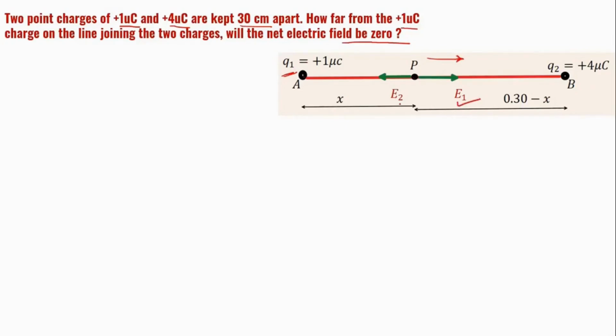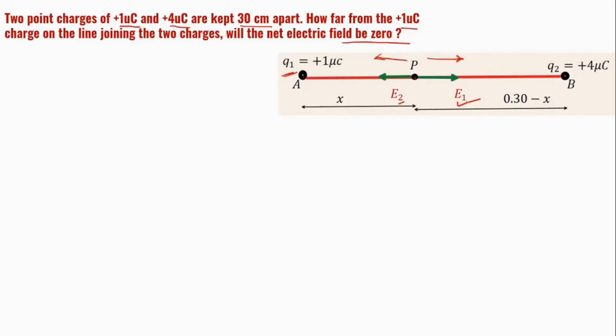Similarly, if we go for the direction of E2, E2 is due to the plus 4 microcoulomb, so it is again due to a positive charge. So at the point P, the direction of E2 will be pointing away from the charge Q2. That is, E1 and E2 are pointing in opposite directions at the point P. Diagrammatically we have shown them in the sense of direction.